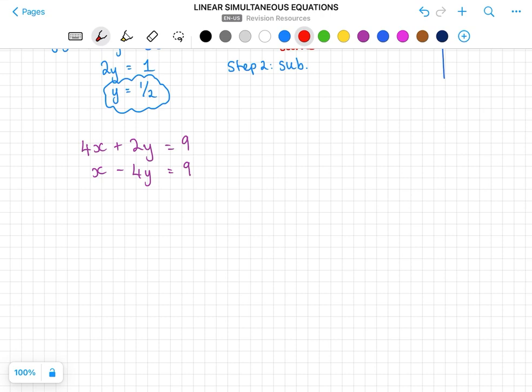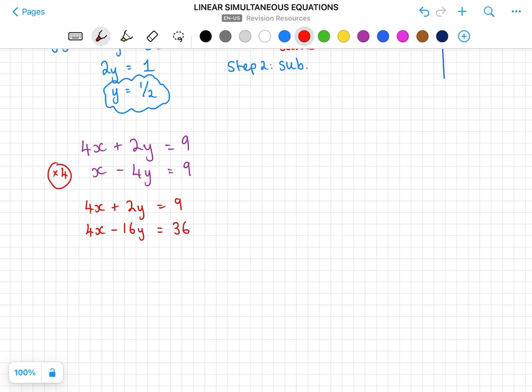So what we can do here is multiply our second equation by 4. In doing that, our first equation remains the same, 4x plus 2y equals 9. Our second equation becomes 4x minus 16y equals 36.